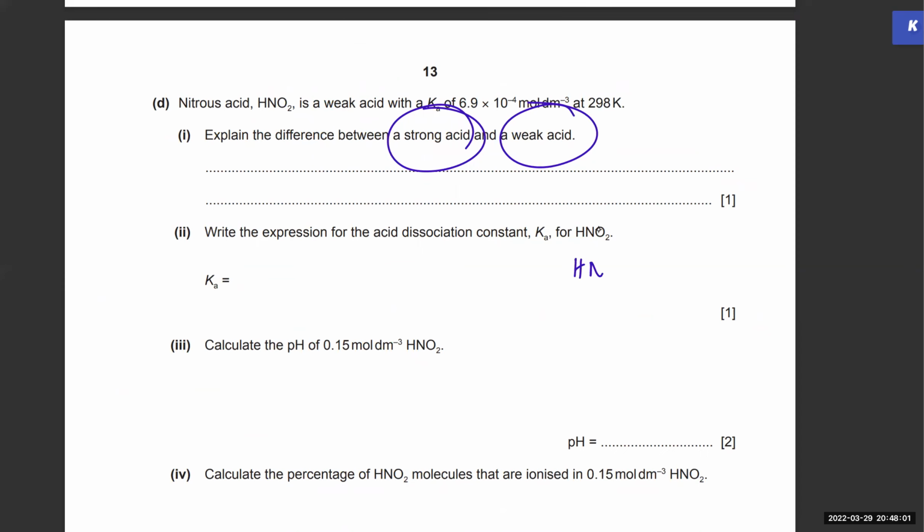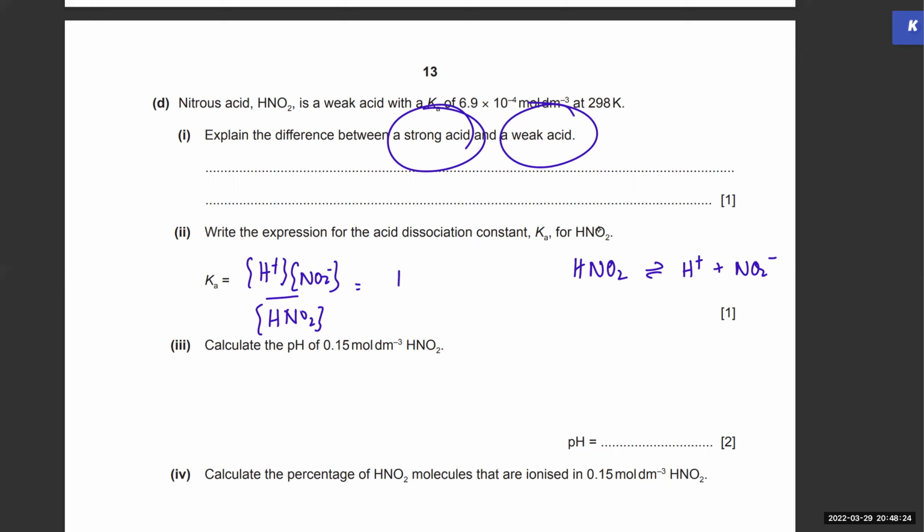It's an acid, so acids are going to dissociate and release an H+. So what's the K expression? It's product concentration, which is H+ and NO2- concentration, divided by the reactant concentration, which in this case is HNO2. So that is the acid dissociation constant.